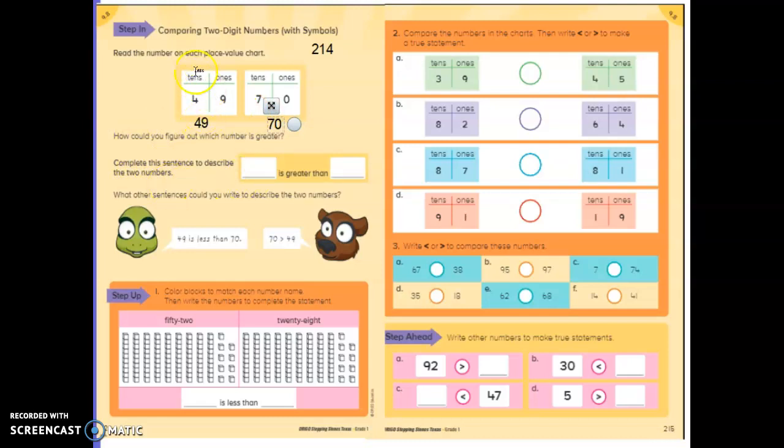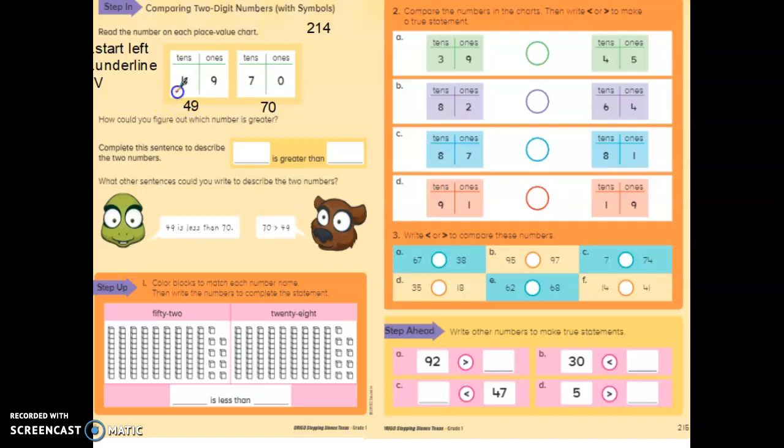Well, just looking at the pictures, we can start on the left with the 10s. We want to start left. And then we're going to underline place value. So I notice that the 10 here is 4 and the 10 here is 7. Those are different. So I'm going to underline my place.